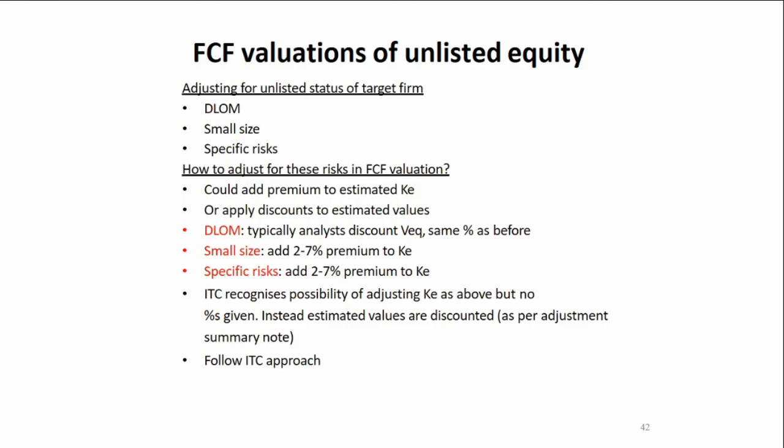So if we look at the ITC source, they recognize the possibility of adjusting the cost of equity as we have just mentioned above. However, no percentage seems to be given. So instead, the approach the ITC has followed in the past is that the estimated values are discounted. So the equity value can be adjusted, and the adjustments they seem to make are in line with the adjustments we discussed under the PE multiple method.